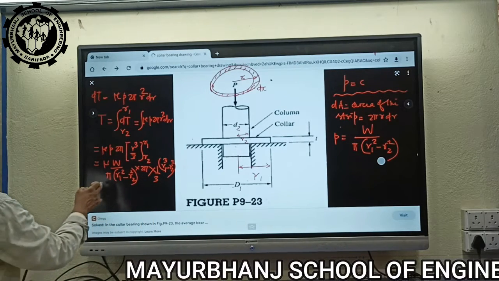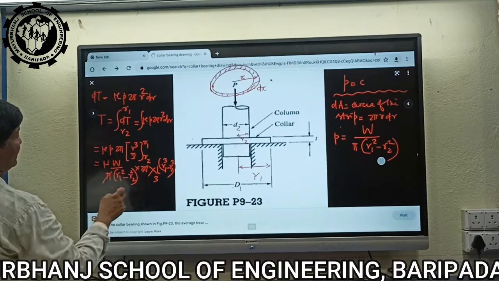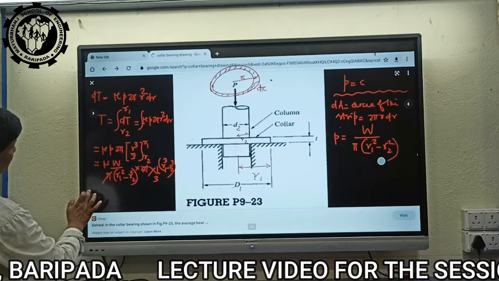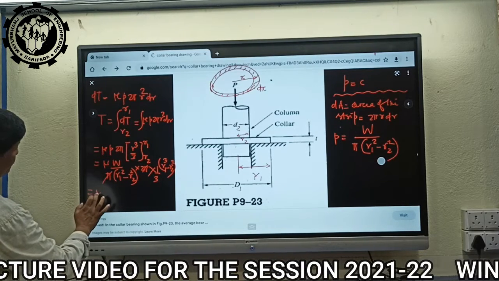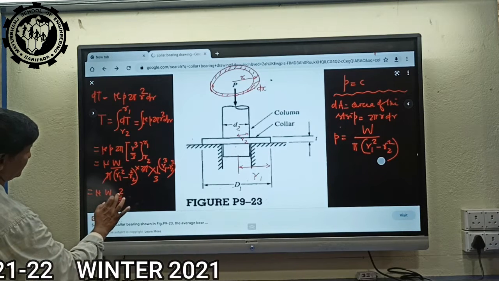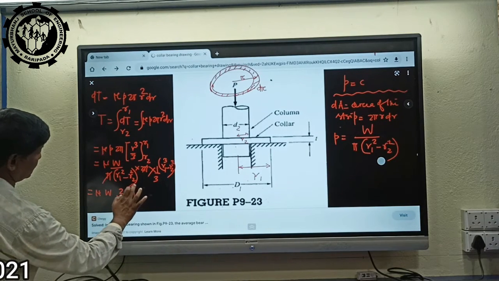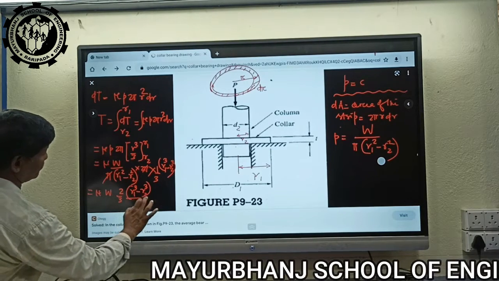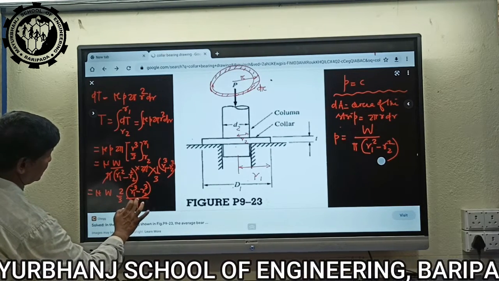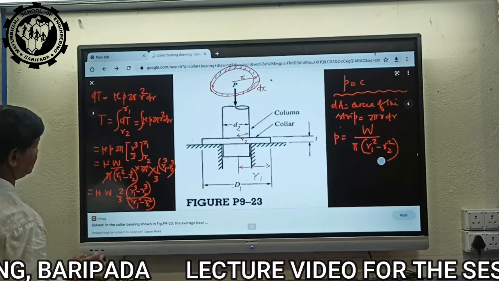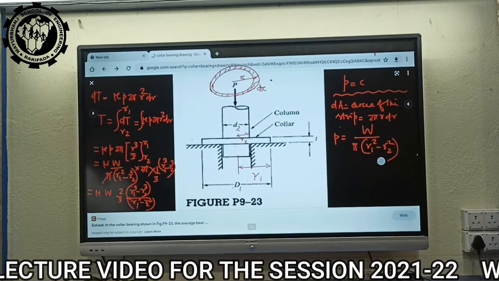The pi cancels, and the remaining part will be T equal to mu W, 2 by 3, R1 cube minus R2 cube by R1 square minus R2 square. This is the value of T.